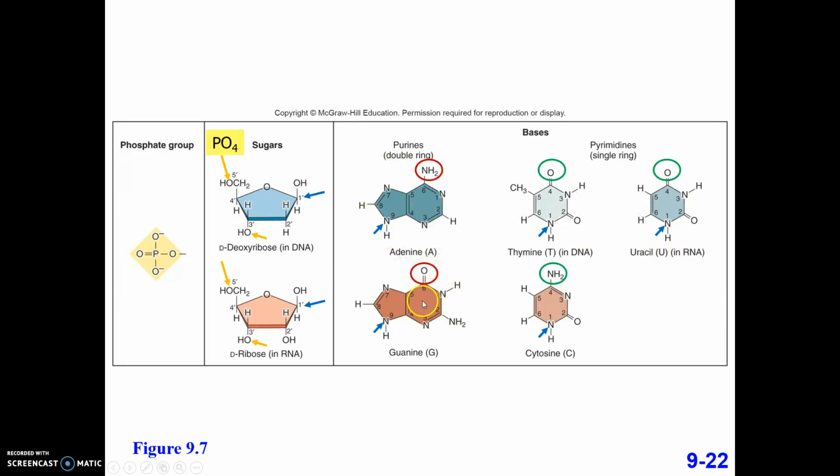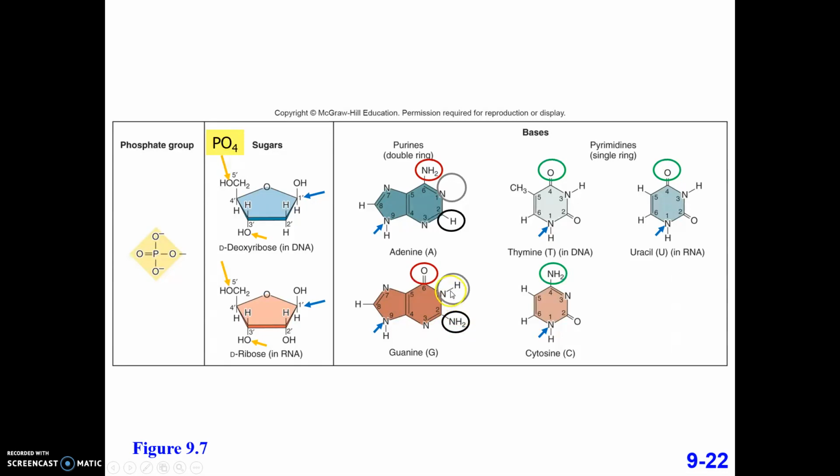There are other differences as well that you can kind of key in on. So coming back here to purines, if you look at positions 1 and 2, you can see some differences there. So taking a look at position 2 here, we just have a hydrogen. Here at position 2, we have an amino group.